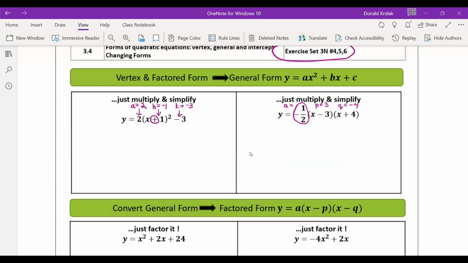Okay. So once we got that, now you're just going to expand this. So over here, I'm going to have y equals, now just a bunch of algebra. When you expand a binomial, like if I had x plus 1 cubed, to do that, I'd have to write it 3 times.